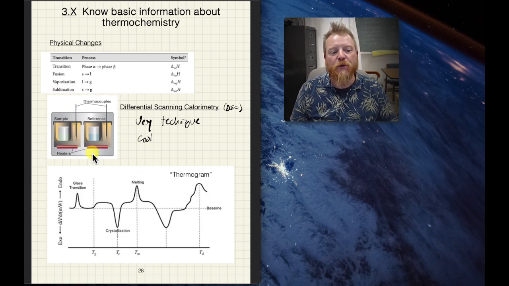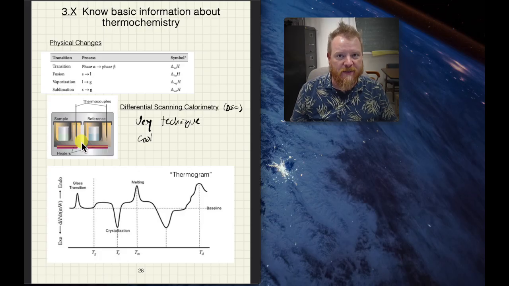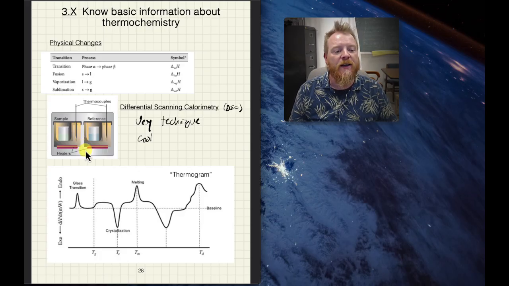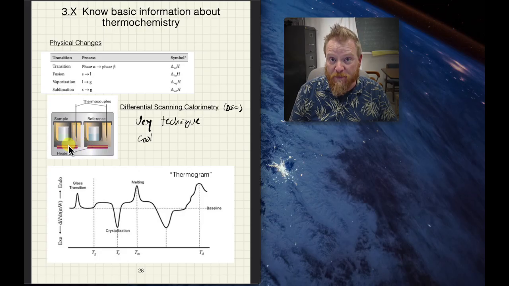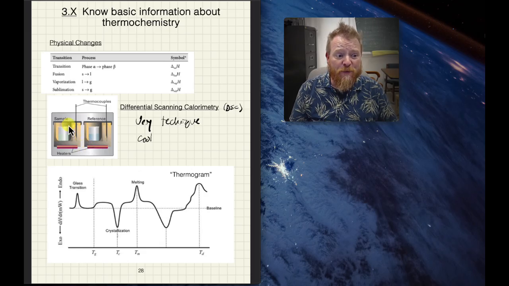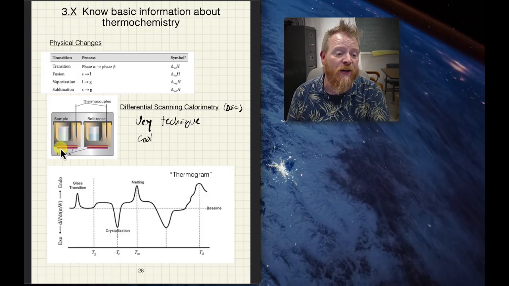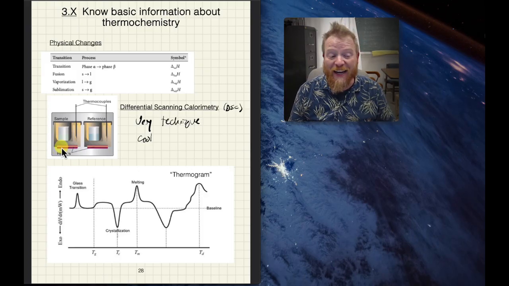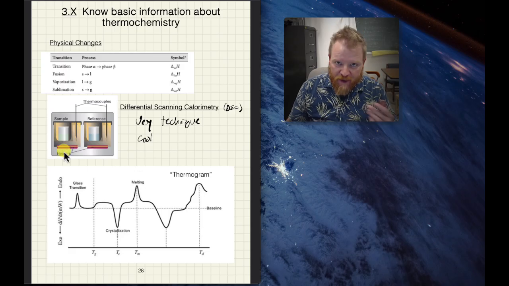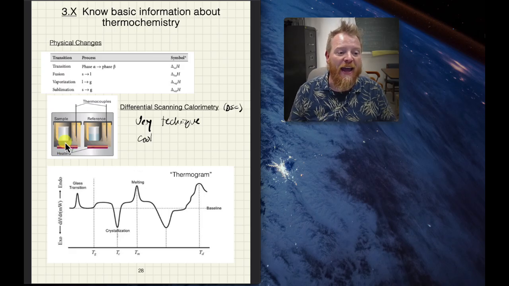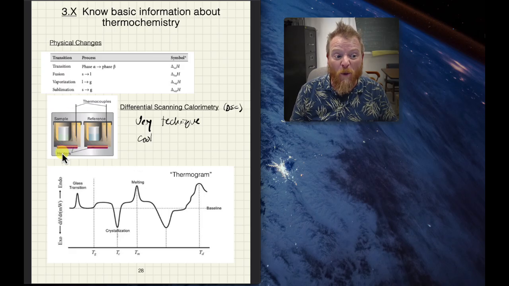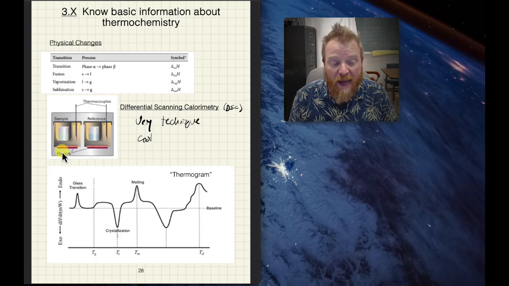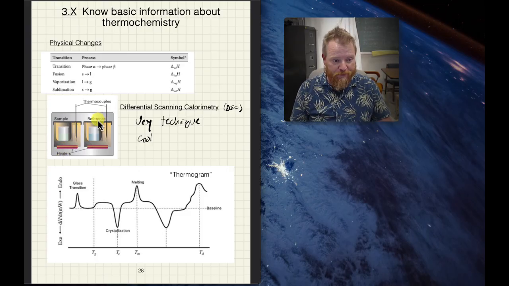Because this computer program is set up to keep both at the same temperature, if some process is going on in the sample which takes more heat in, an endothermic process, or releases heat, an exothermic process, the computer gets that feedback, and either more power or less power has to be applied to maintain the same temperature.